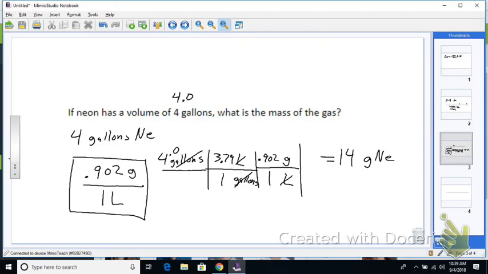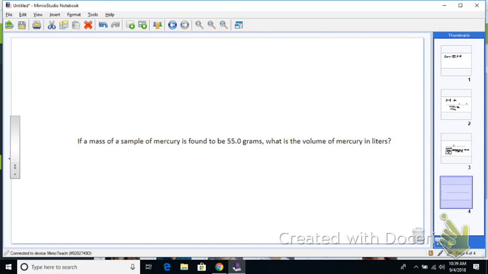Okay, here's the last one. So that's using density. This one's a little easier. Let's see if you guys can figure this out. It should only be one step to use. So mercury is Hg, and it should be on your list on that page, 55. Is it on there? 13.6. Okay, so go ahead and do that problem, see if you get it right.